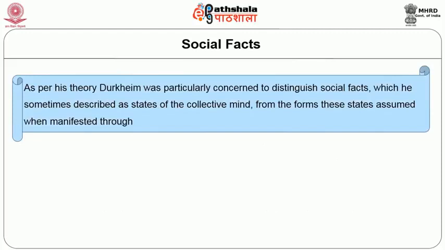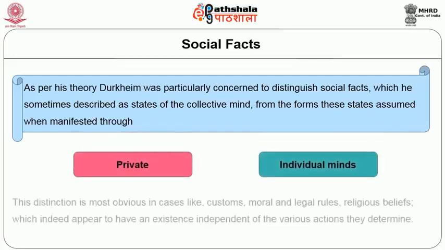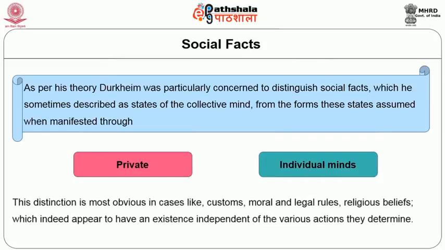As per his theory, Durkheim was particularly concerned to distinguish social facts, which he sometimes describes as states of collective mind, from the forms these states assumed when manifested through private individual minds. This distinction is most obvious in cases like customs, moral and legal rules, religious beliefs, which indeed appear to have existence independent of the various actions they determine.